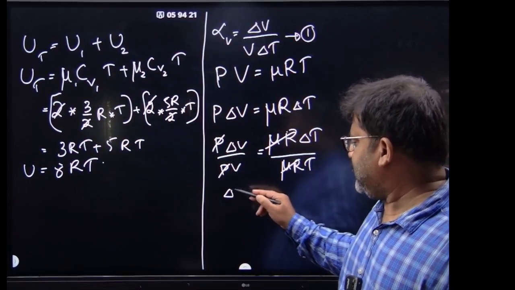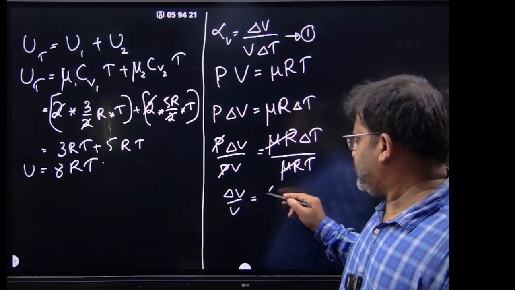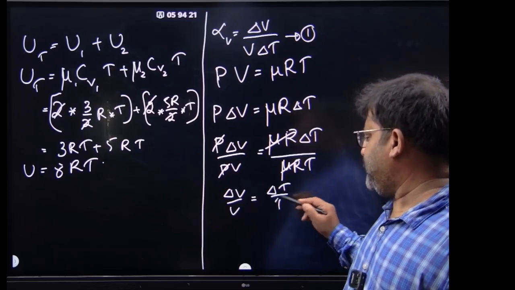That means delta V by V is equal to delta T by T.